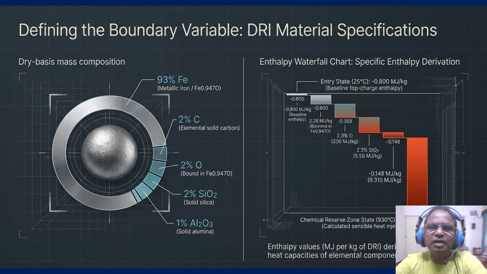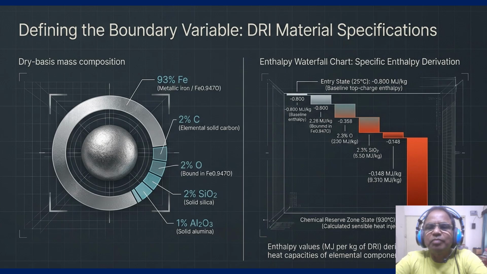We start at an entry state of 25 degrees centigrade with an enthalpy of 0.08 megajoule per kilogram. As the material descends to the chemical reserve zone at 900 or 930 degrees centigrade, the enthalpy shifts to 0.148 megajoule per kilogram.